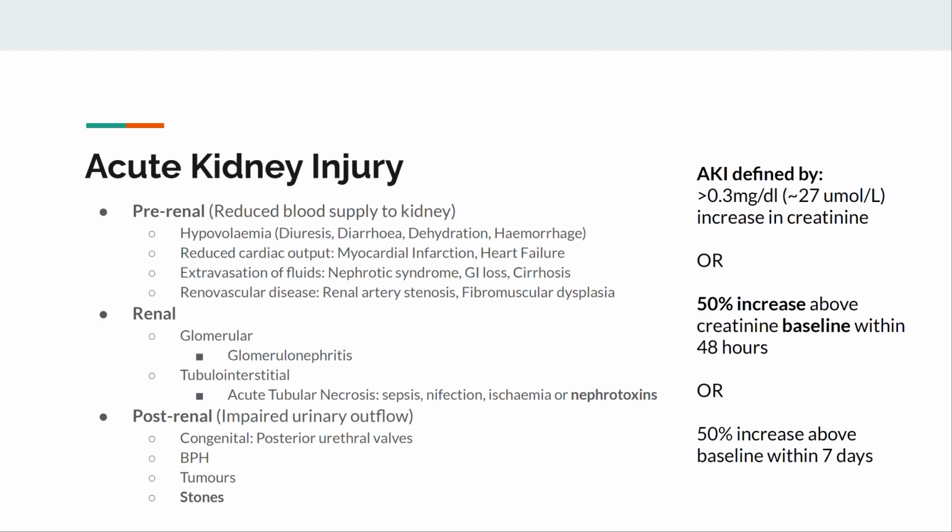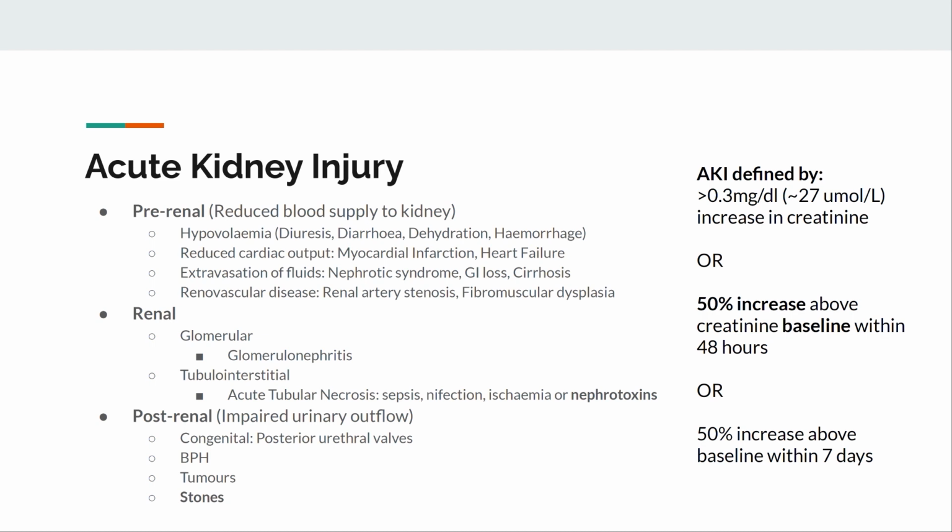So if you put that together, if someone's dehydrated, they will be constantly trying to reabsorb water because of antidiuretic hormone release, and within that water they'll be reabsorbing a lot of urea, so their urea goes up. But the creatinine doesn't get reabsorbed, so the creatinine in the blood doesn't go up.